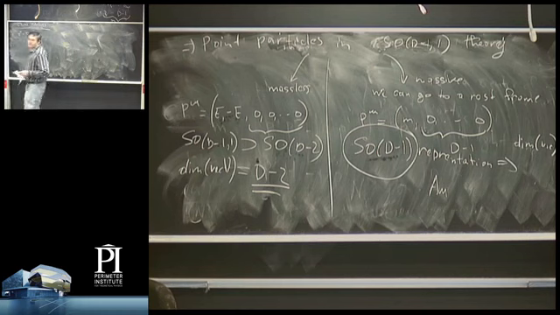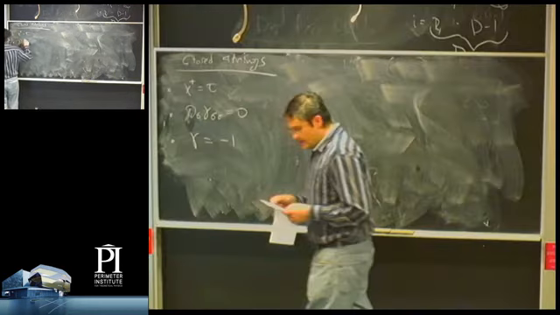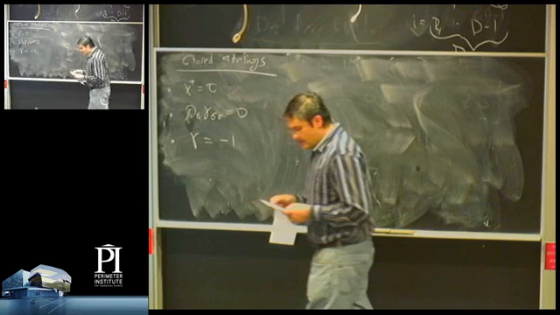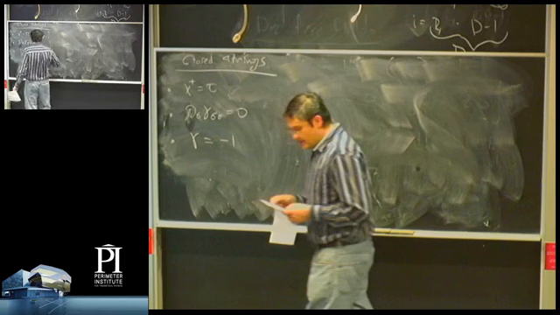So we're going to fix a light-cone gauge. So again, x plus is going to be tau. Then I have del sigma of gamma equals 0, and then I have gamma equals minus 1. So everything is the same as before, except that there is an unfixed symmetry.